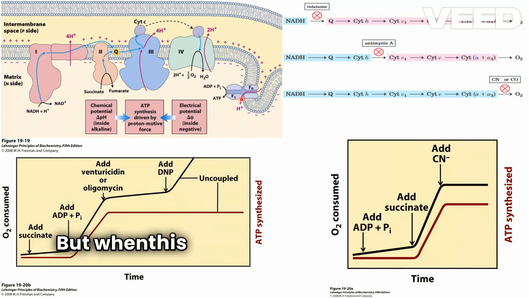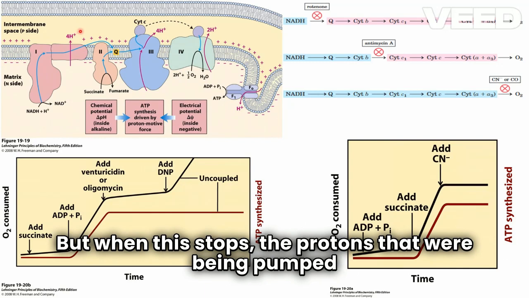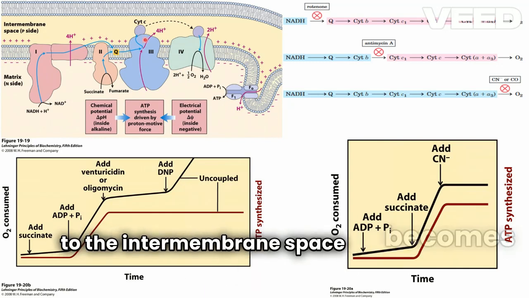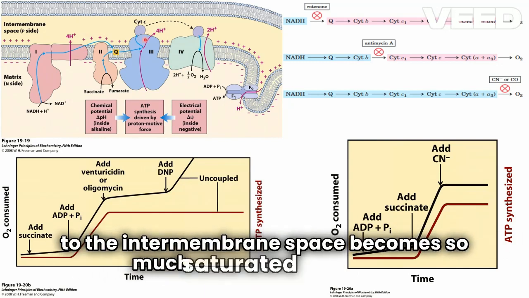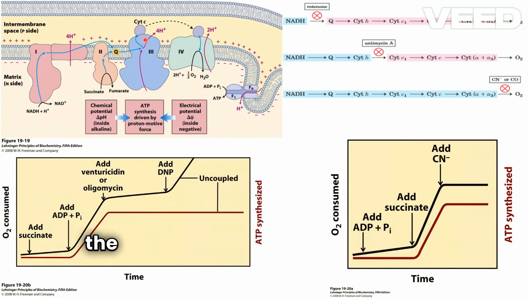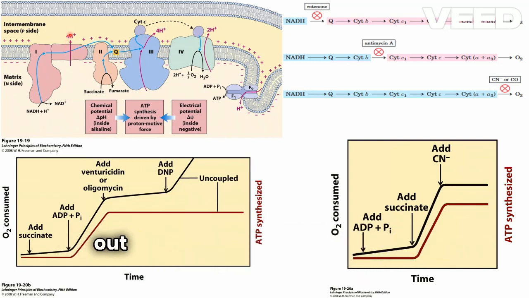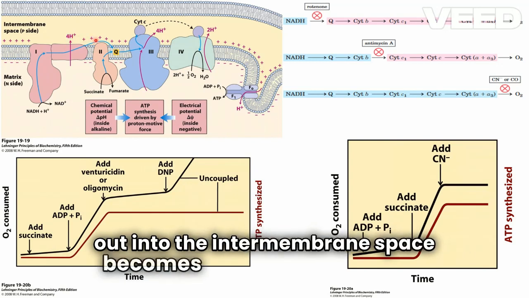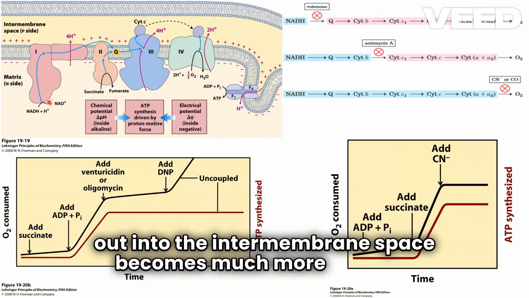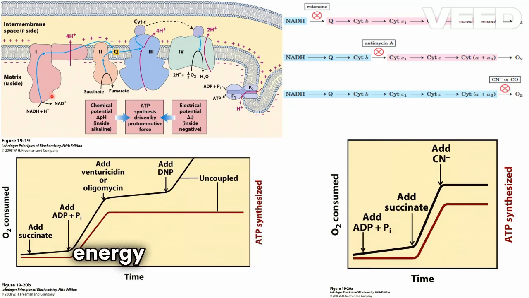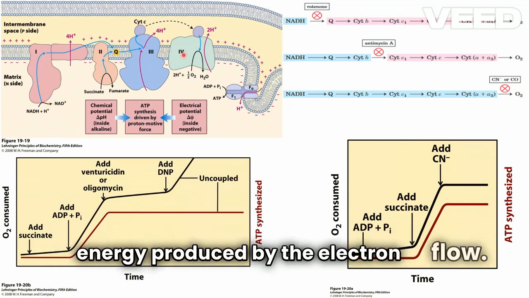But when this stops, the protons that were being pumped to the intermembrane space become so saturated there that the free energy needed to pump the protons out into the intermembrane space becomes much more than the energy produced by the electron flow.